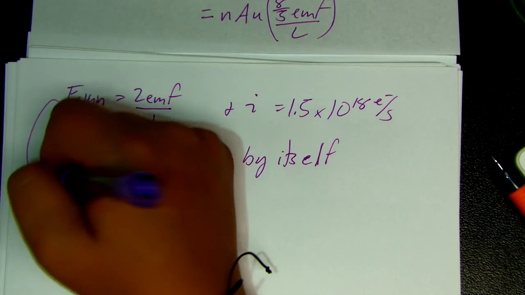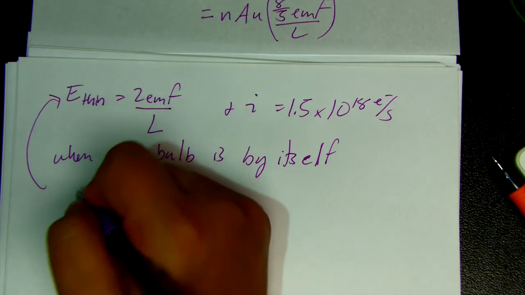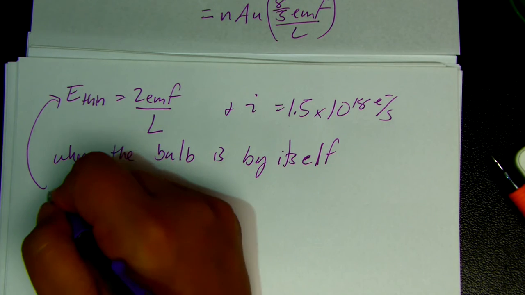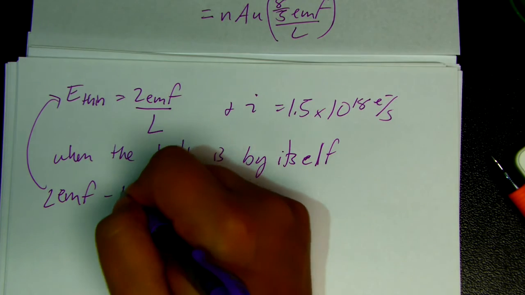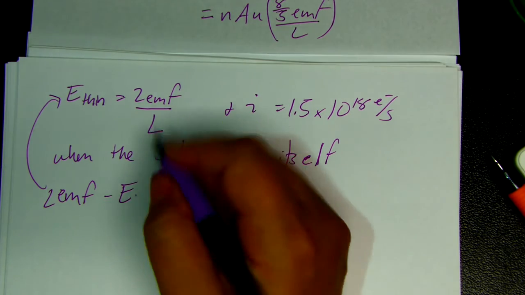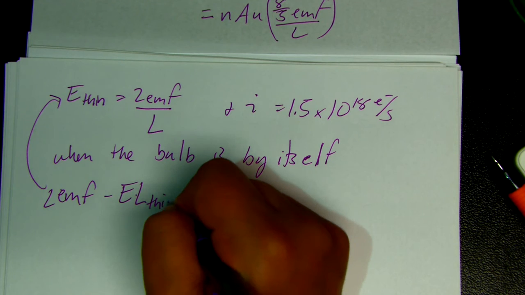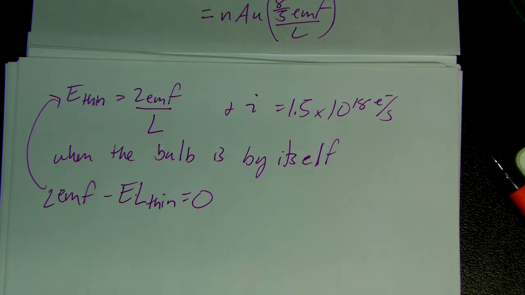And this comes from loop rule. So you'd have 2 EMF minus E L thin equals 0.